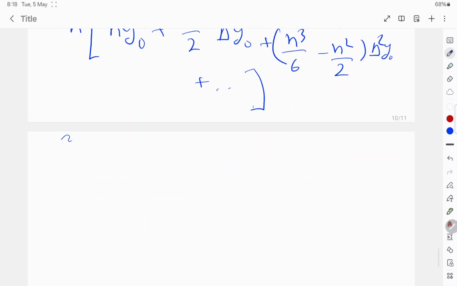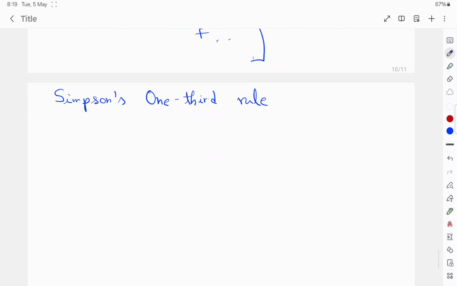So this will become Simpson's one-third rule. You can write 1/3 also, no issue. So this is basically a 3-point quadrature, or you can say this is n equal to 2.